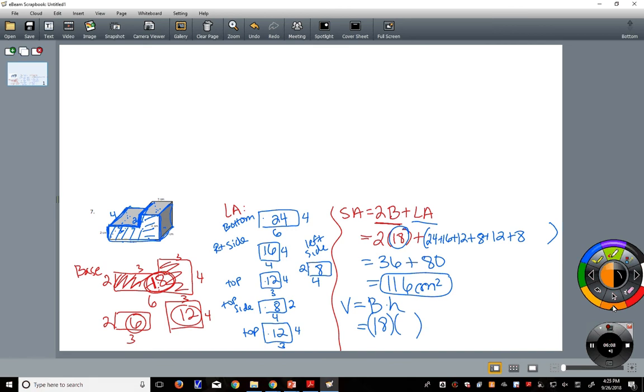Remember that the height would be the distance between the bases. So bases are these L's in the front and the back. This is how far apart they are, which is measured by that value of 4 there. So this would be multiplied by 4. So then this is what gives me 72 centimeters cubed as my volume.